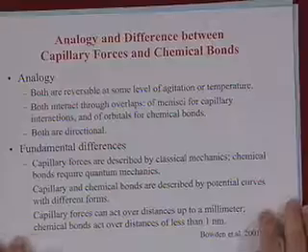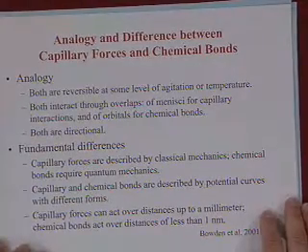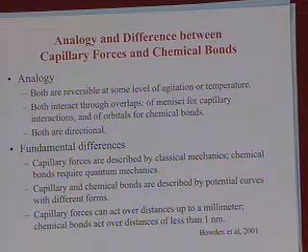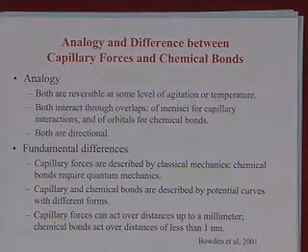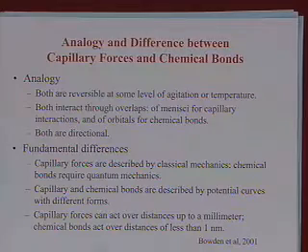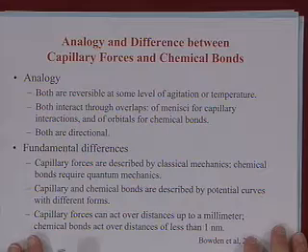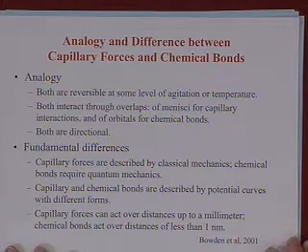From the literature, I find this interesting for us to think about. They compare capillary forces and the chemical bond, and there are some analogies and differences between these two forces. Both forces are reversible at some level of agitation or temperature, and both interact through overlap.